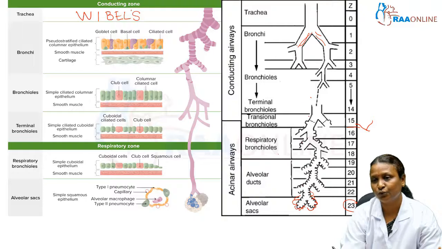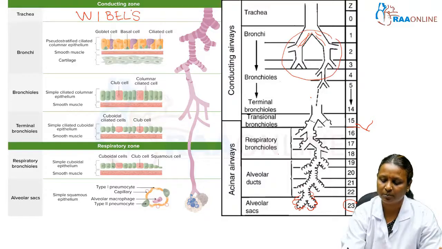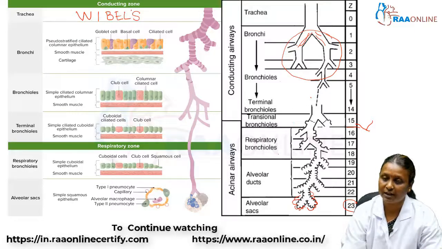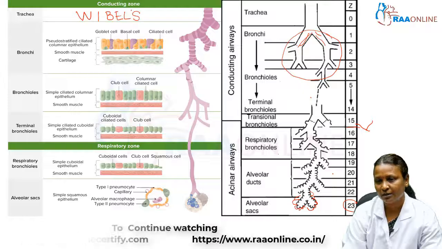The resistance to flow is very, very less. The maximum resistance to airflow is seen in the larger bronchi. And as the total cross-sectional area increases progressively, there is more easy flow of air across the lung.